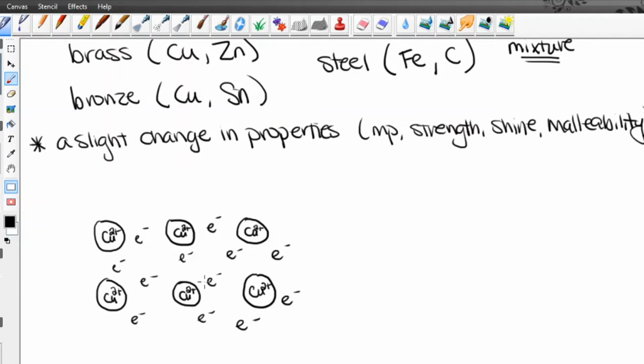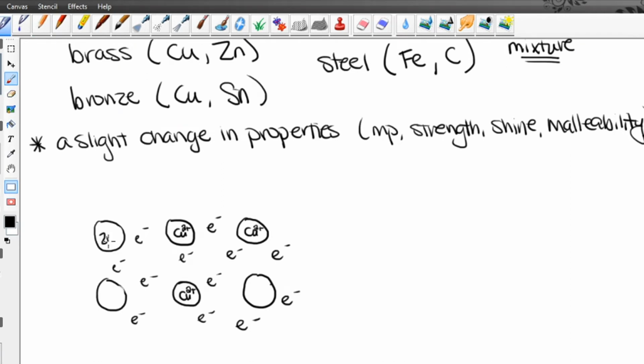But what if this was the alloy brass? What if this had some zinc inside of its structure? If that was the case, we would just change out a few of these copper atoms for zinc atoms. And it could be in any number of different proportions. There are all sorts of different percentages in these alloys.